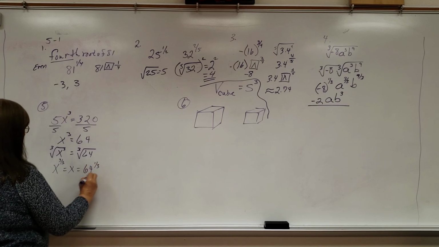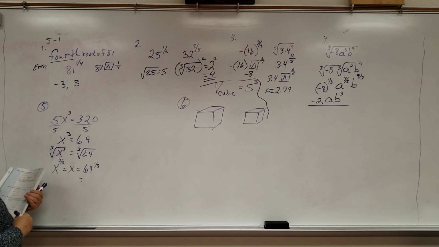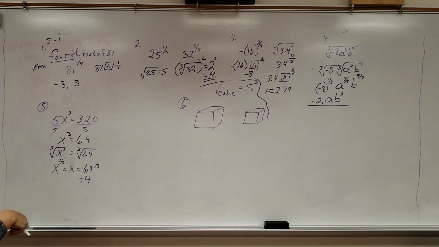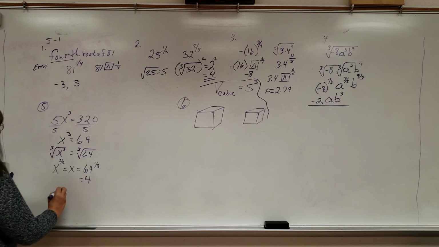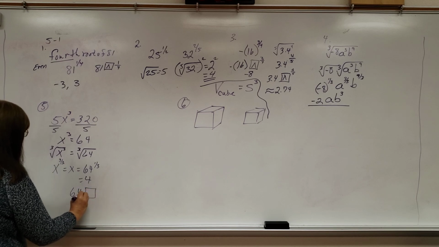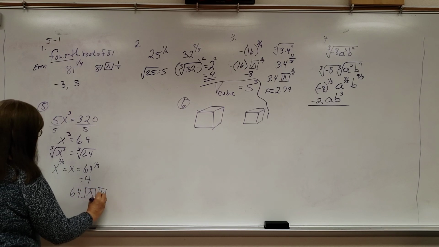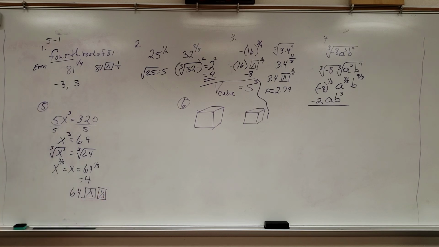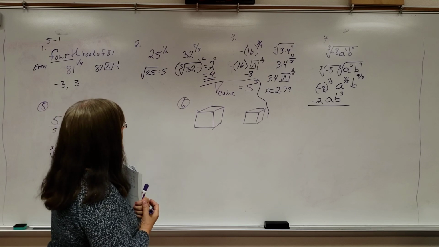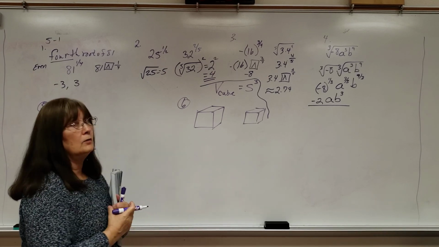So the cubed root of 64 will be 4. Again, putting that into a calculator, you would have 64 caret 1/3.